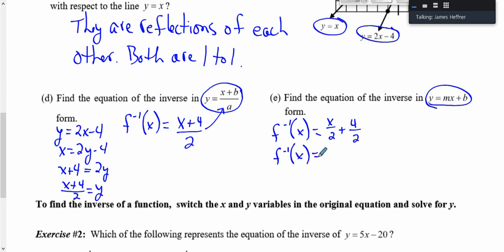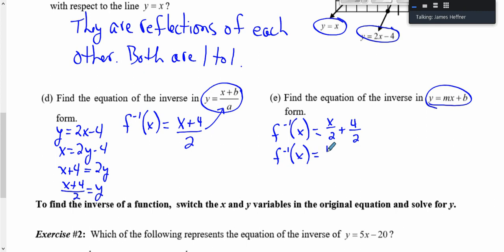Dividing by 2 is the same as multiplying. Well, dividing by 2 is the same as multiplying by what? Multiplying by one half, right?